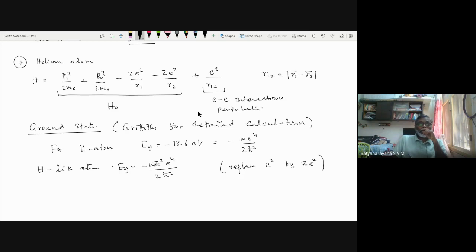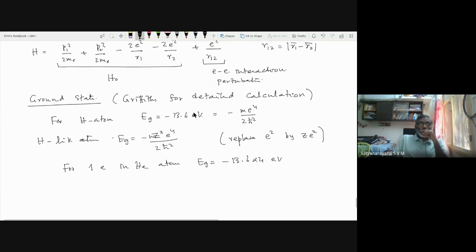That is for one electron in the helium atom. The ground state energy is minus 13.6 into 4, because Z equal to 2. Now for two electrons, the ground state energy of the helium atom is equal to 2 times this.